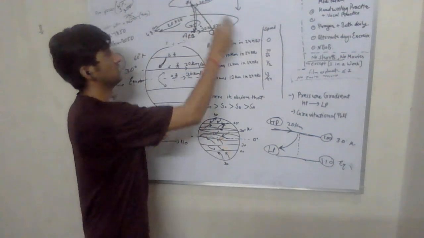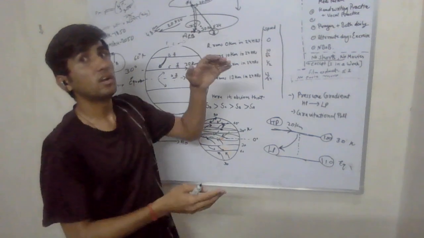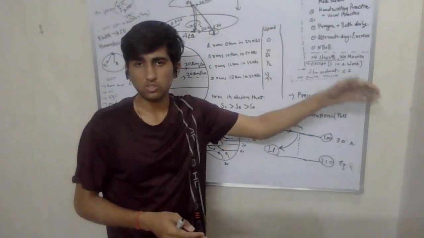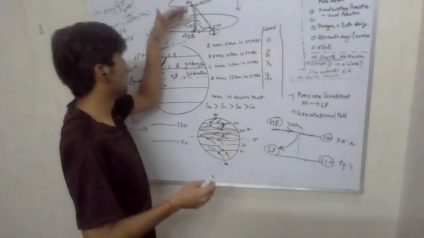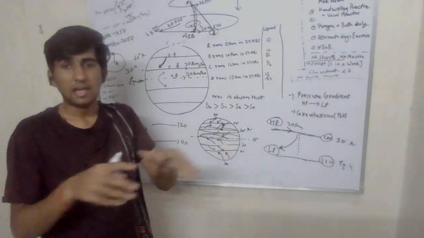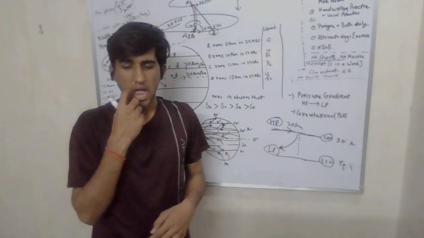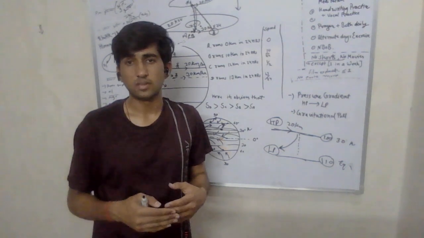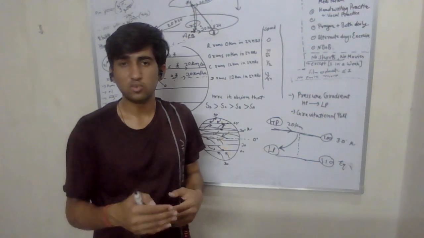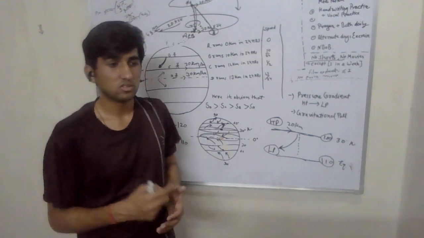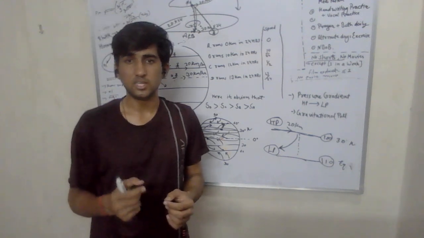The circles get smaller and smaller as we move from the equator towards the poles, and if you move from the poles to the equator, the circle gets enlarged every single time, and because of that, the speed increases. The speed of the molecules has to increase because of being in contact with the earth.